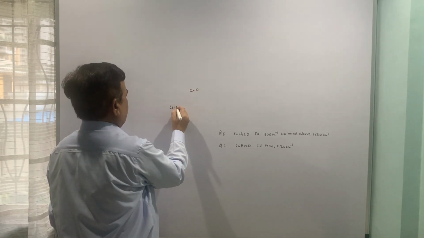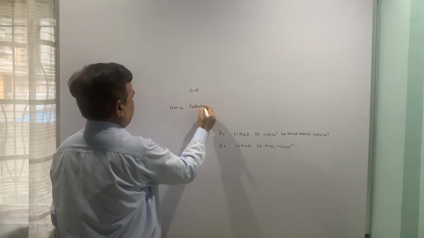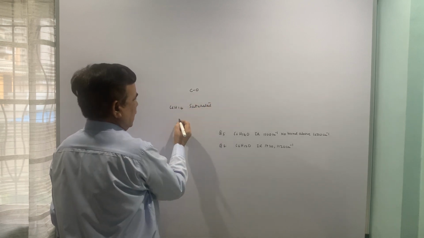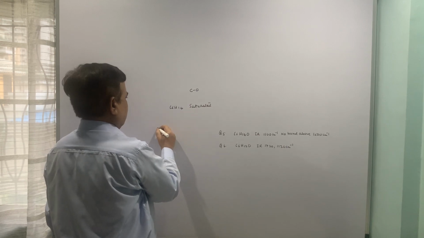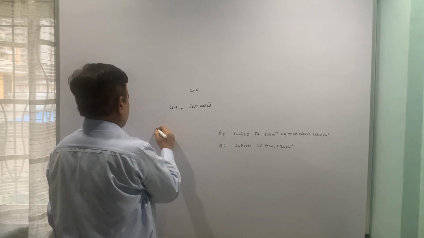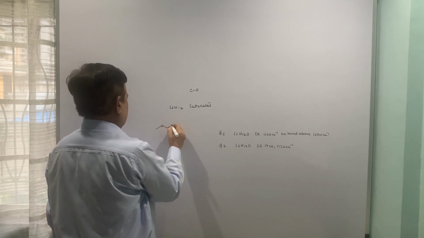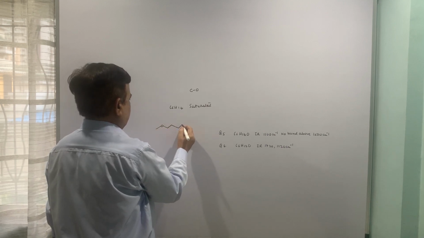So C6H14, a saturated compound, and you can have any structure with an ether linkage. So I am putting 1, 2, 3, 4, 5 and 6.